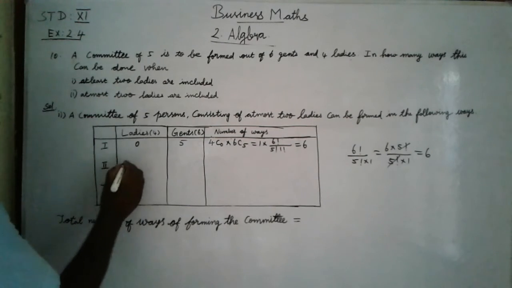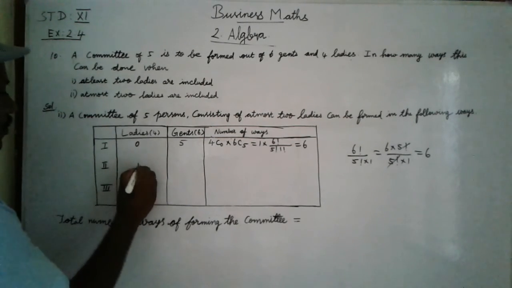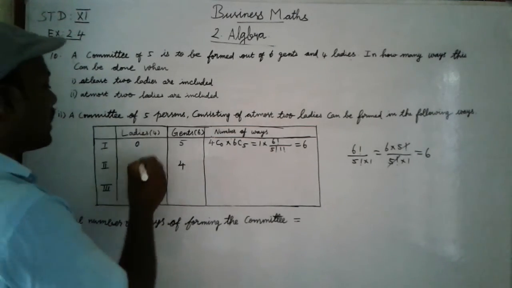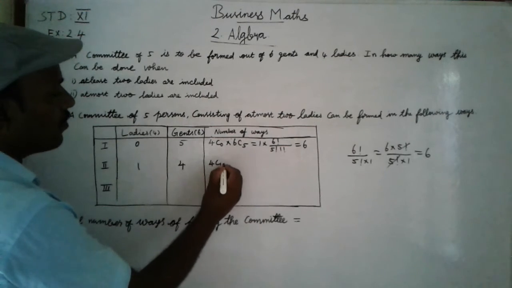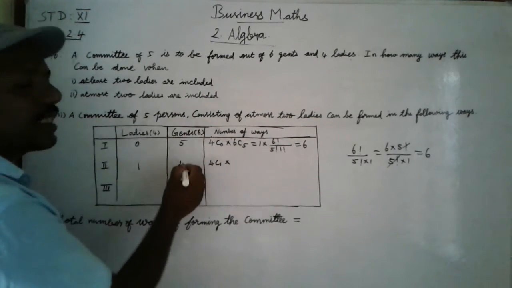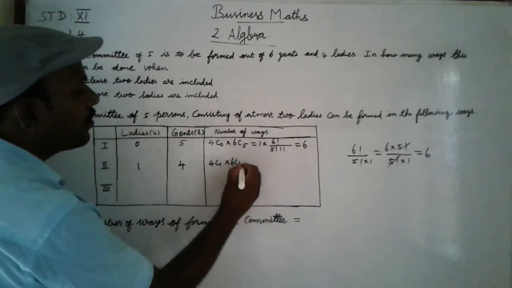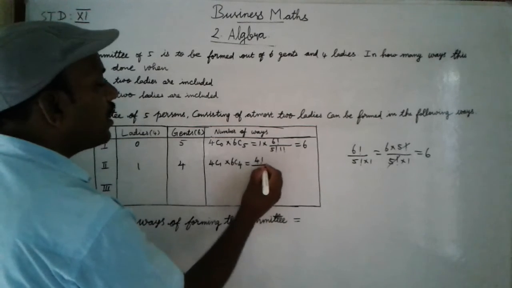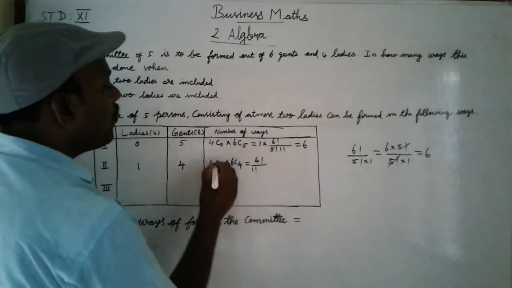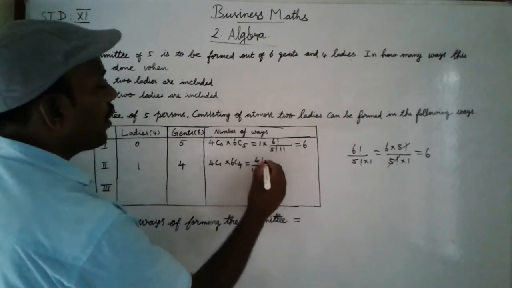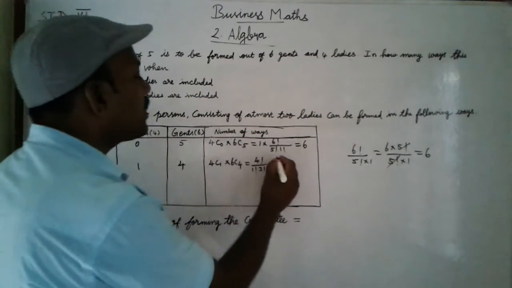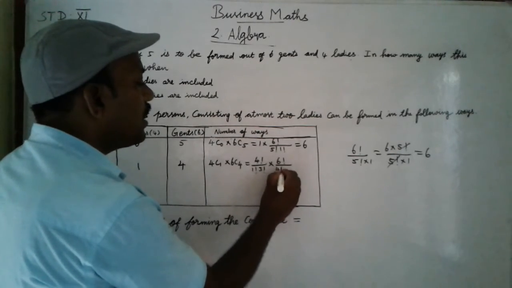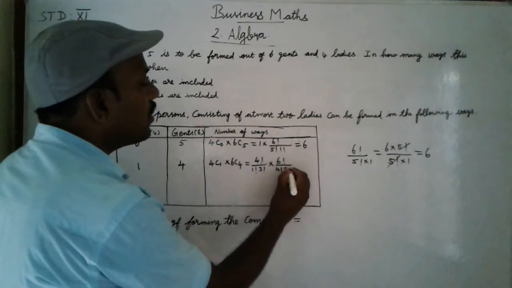Next, one lady plus 4 gents. So 4C1 into 6C4. Substitute the formula here. 4 factorial divided by 1 factorial, 4 minus 1 is 3 factorial, into 6C4 is 6 factorial divided by 4 factorial, 6 minus 4 is 2 factorial.